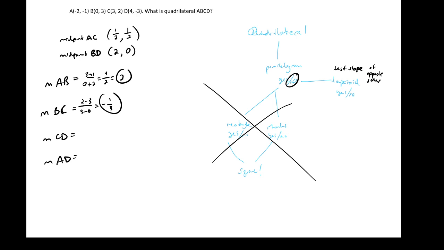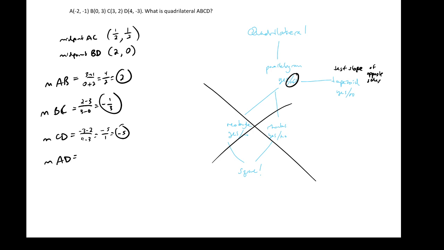CD, we're going to have -3 minus 2 over 4 minus 3, which is going to be -5 over 1, which is just -5. And of course, now we have AD, which these guys are your opposites. Those are not parallel.